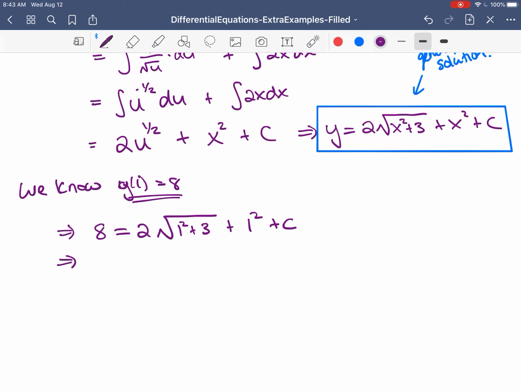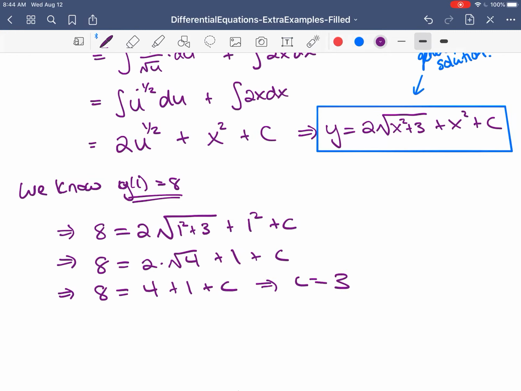So we can use this to solve for c. So 8 is going to be 2 times square root of 4 plus 1 plus c. So that's 8 is 2 times 2 is 4 plus 1 plus c. So that means that c has to be 3, right? Because 5 plus 3 is 8.